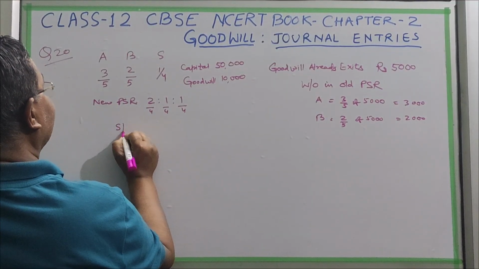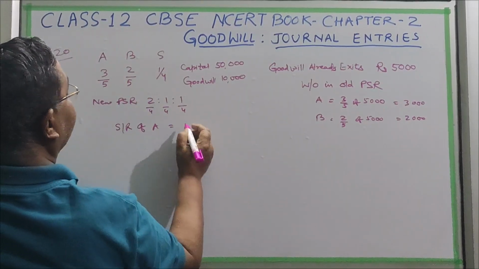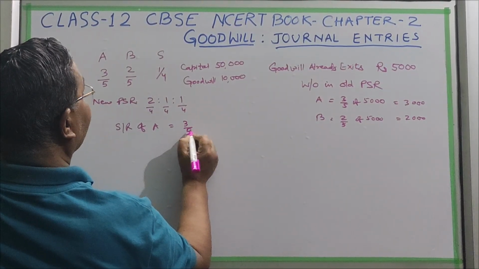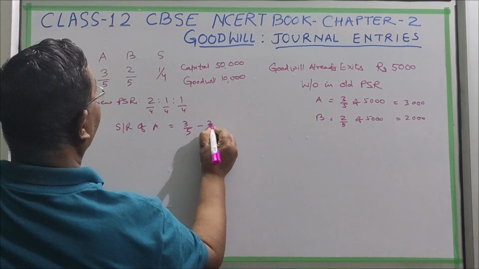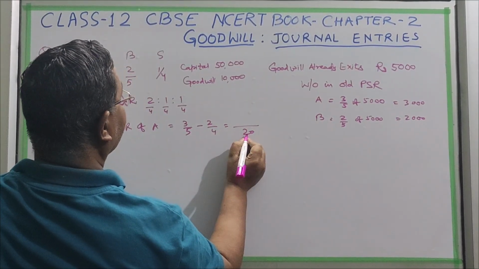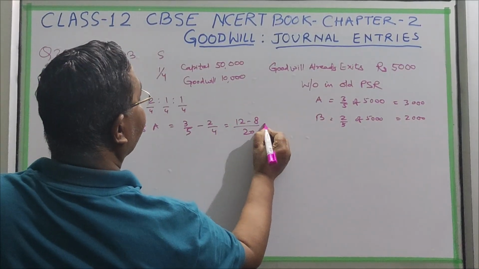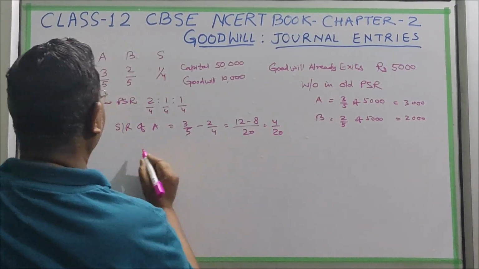So the sacrifice ratio of A is equal to his old ratio minus his new ratio. 3/5 minus 2/4 is equal to, LCM 20, 12 minus 10, 2/20.